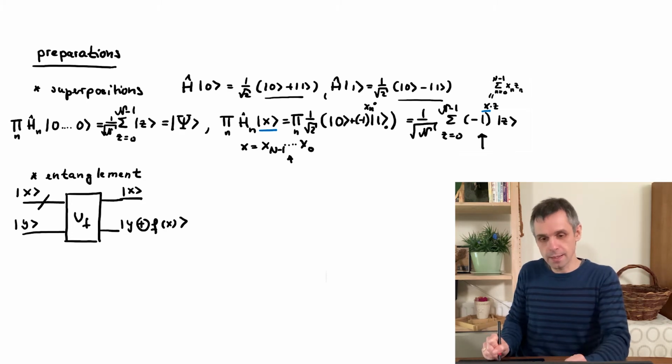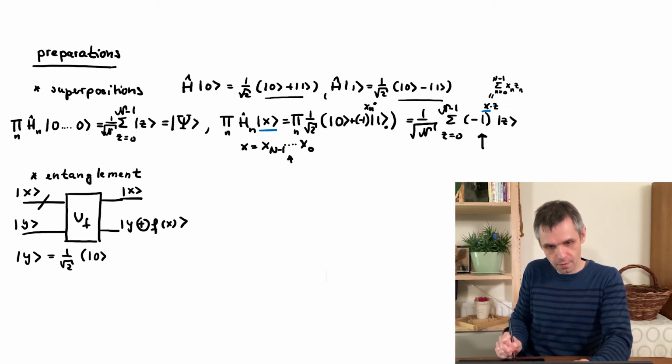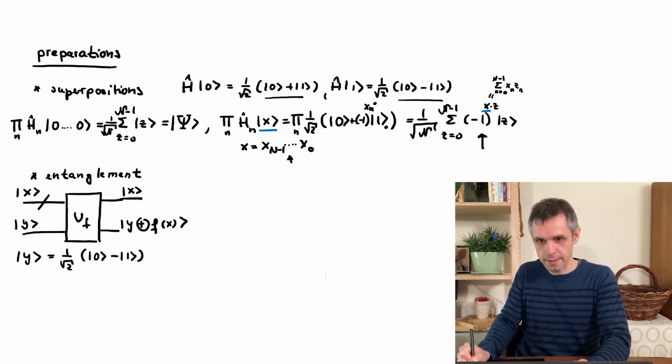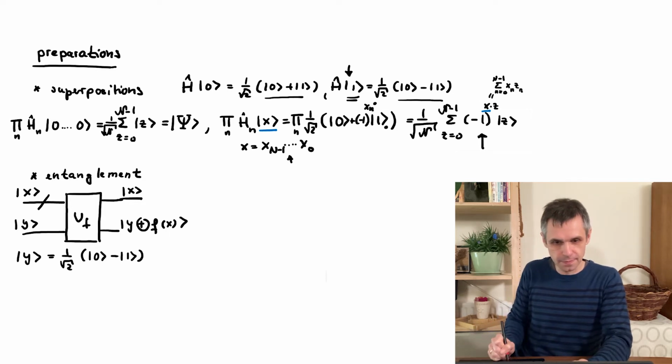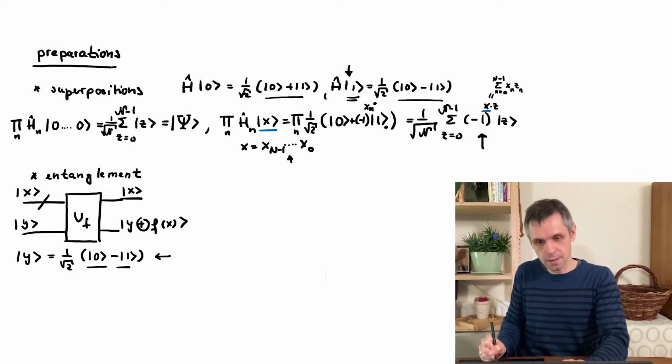But what is really interesting is when we select a certain superposition for y. So let us set y to this superposition here. Which is the superposition that you obtain by operating with the Hadamard gate on this state here. So this is now no longer a computational basis state, but it is of course still a superposition of such, and therefore we can still work this out, and it is really instructive to do this step by step.